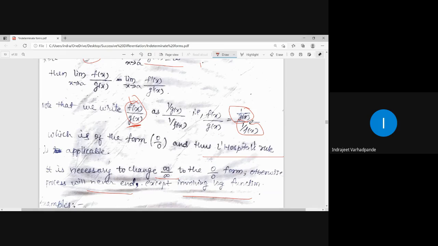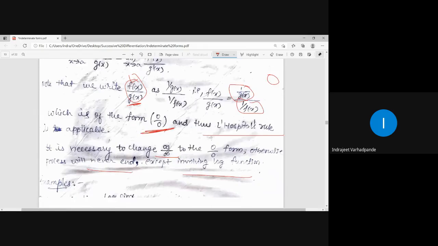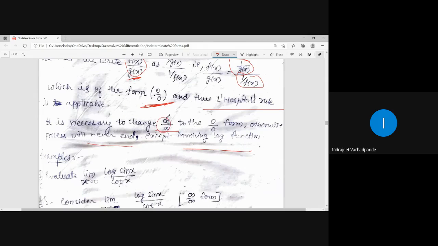So if tan x is infinity, 1 upon cot x will be 1 by infinity, which turns out to be 0. That is the ultimate aim behind converting into reciprocal or 1 upon form, because we have to anyhow get the form 0 by 0. So it is always necessary to change infinity by infinity to the form 0 by 0.